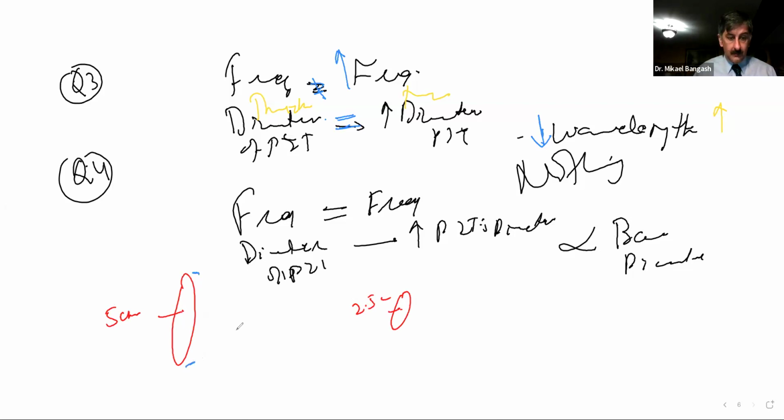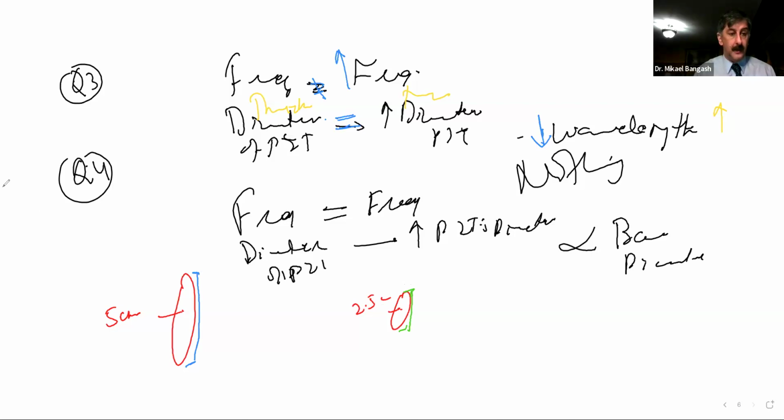What they talk about is mainly what's going to be the diameter here versus the diameter here. Did that make sense?